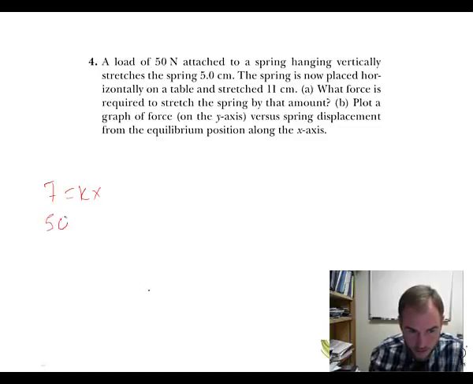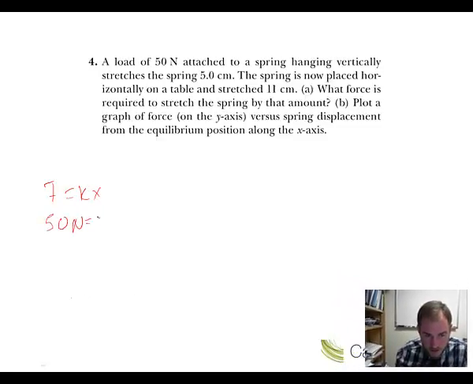We know that when 50 newtons is exerted on it, we're going to stretch the spring 0.05 meters. So divide by 5, you get 10 times 10 squared, and this gives us 1,000 newtons per meter equals k.